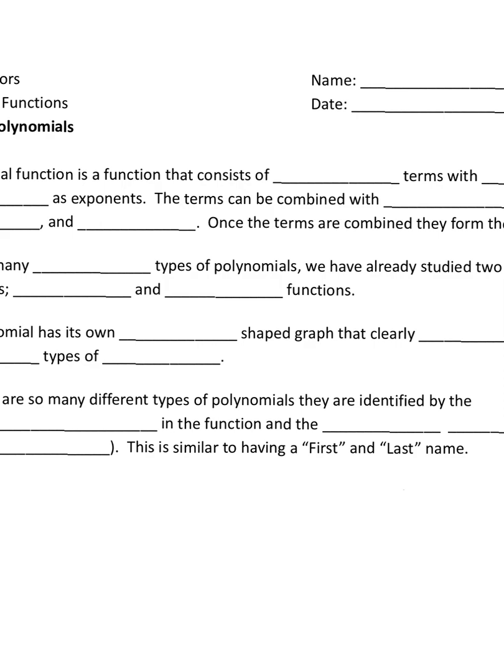Notes on types of polynomials. A polynomial function is a function that consists of variable terms with positive integers as exponents, whole numbers.